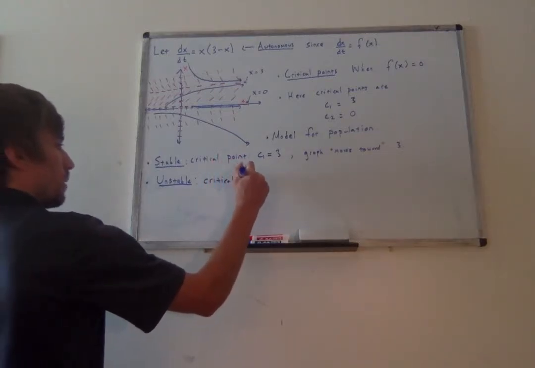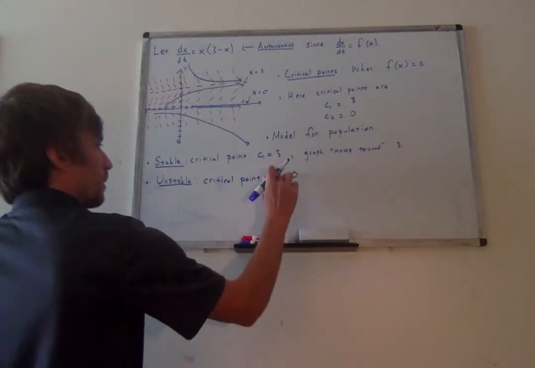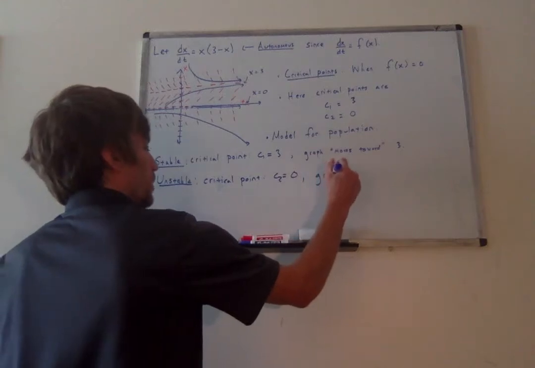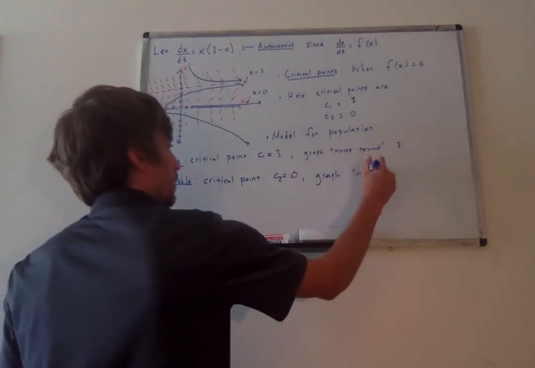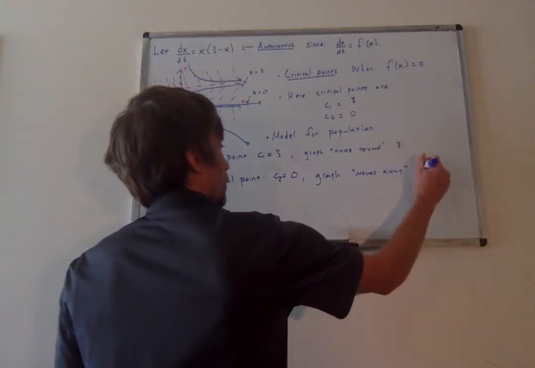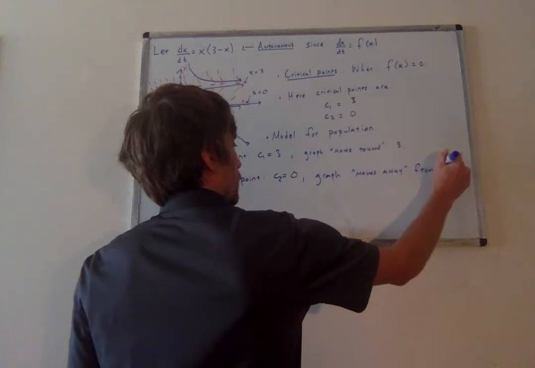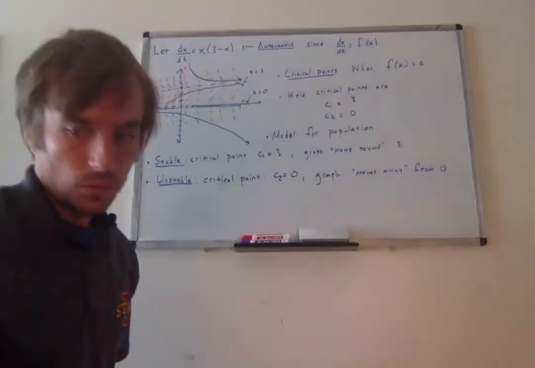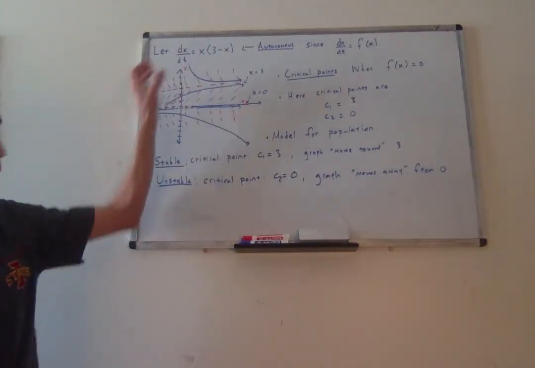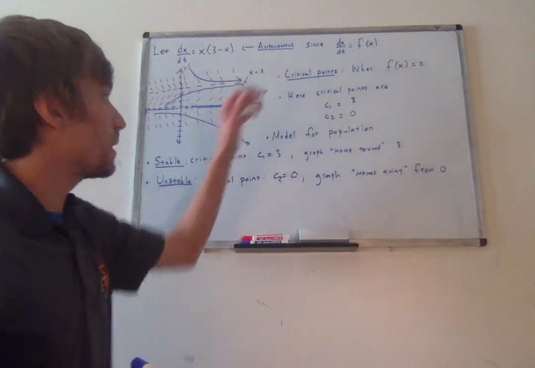Because the graph moves away from 0. So in this way, a critical point where the graph is moving towards that point is stable as t approaches infinity.